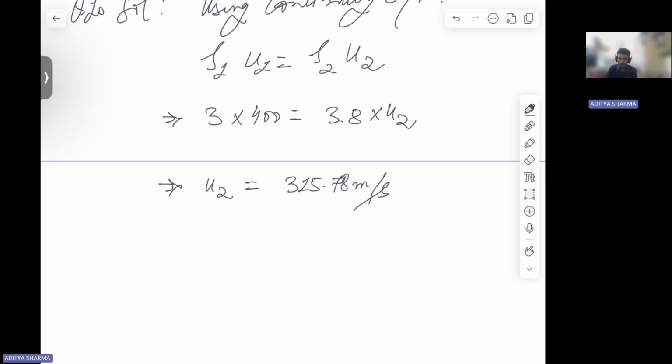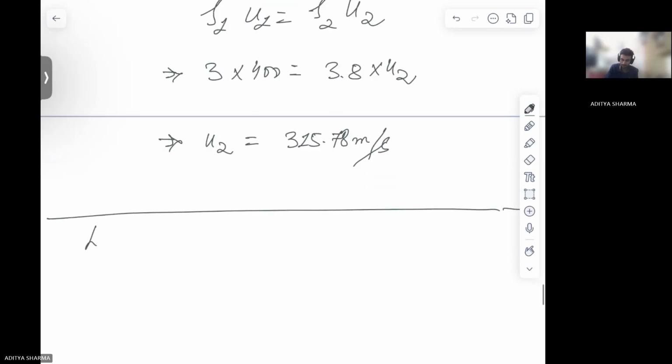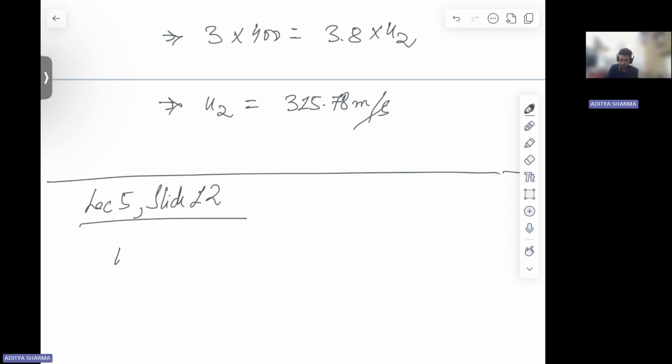You were saying that U star is the root of 2 gamma R T naught divided by gamma plus 1.